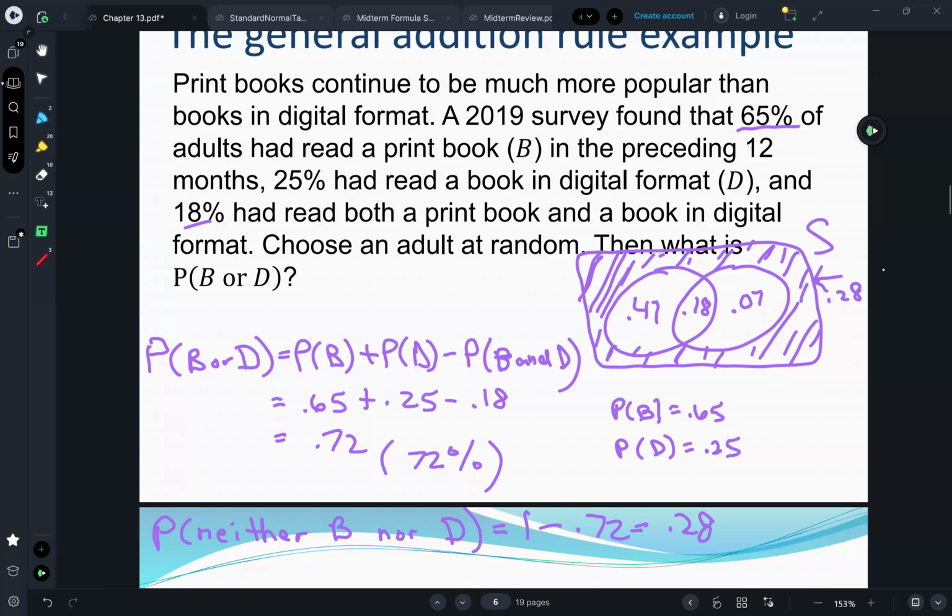And if you add all those pieces, 0.47 plus 0.18 plus 0.07 plus 0.28, the whole thing adds up to 1, and it does. And then we know it's a valid sample space. So yeah, the picture helps to see it.